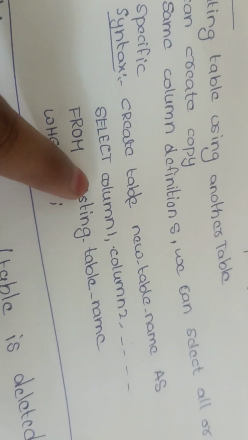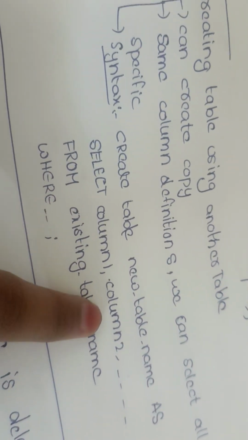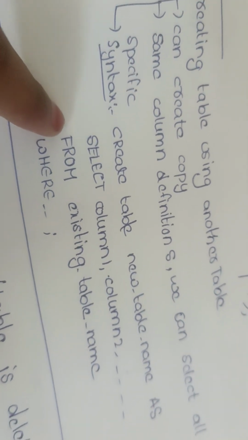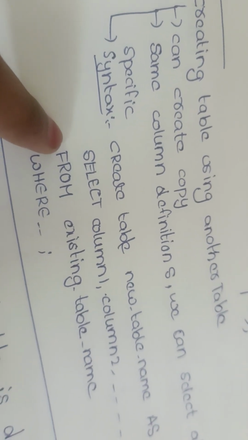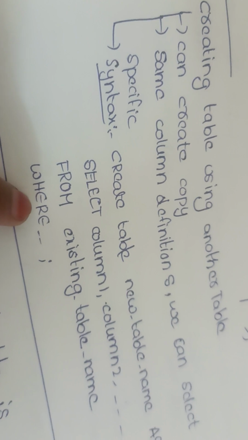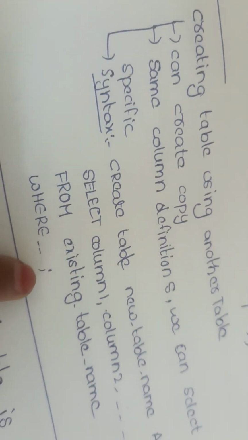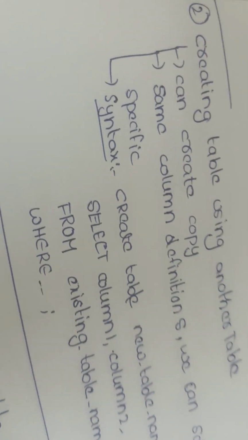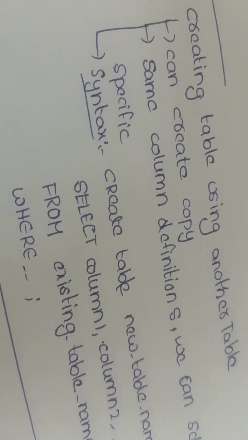SELECT, we can specify the column names if we want, or else the full table we can copy from the existing table name. If we want to specify a WHERE condition, then only the rows satisfying that particular condition are copied to the new table.